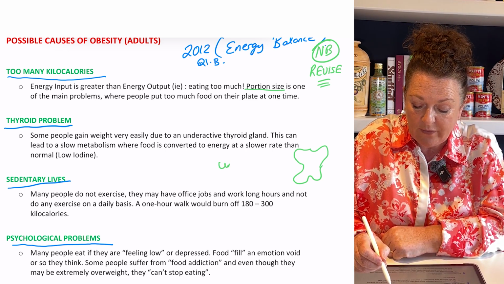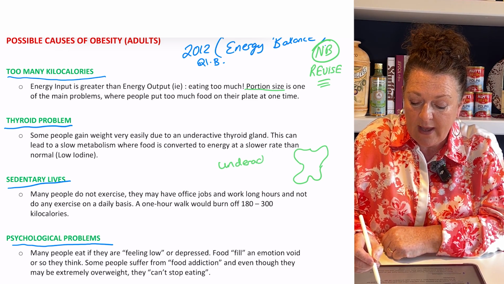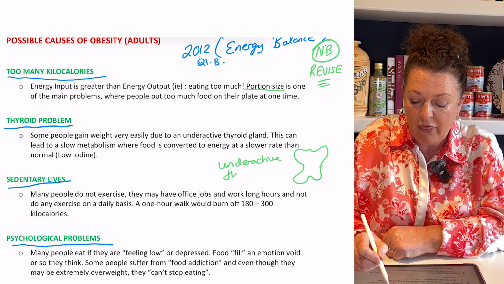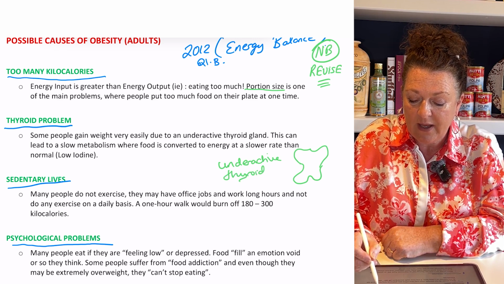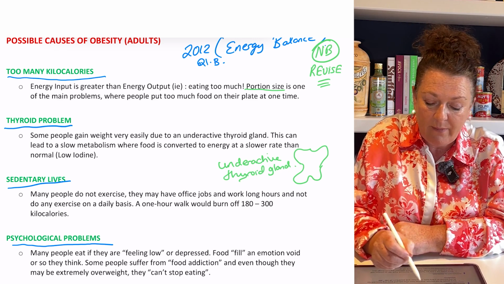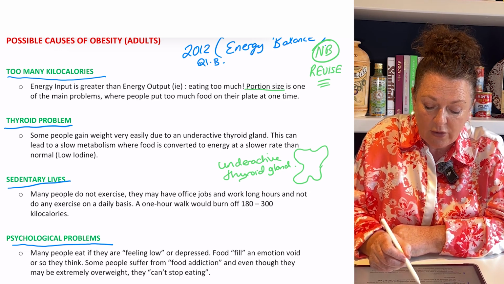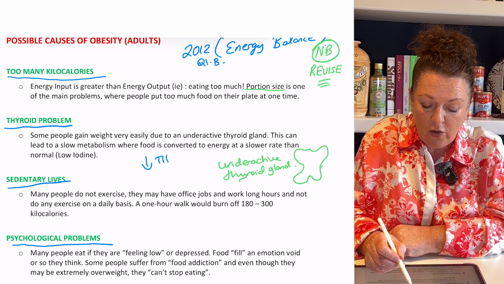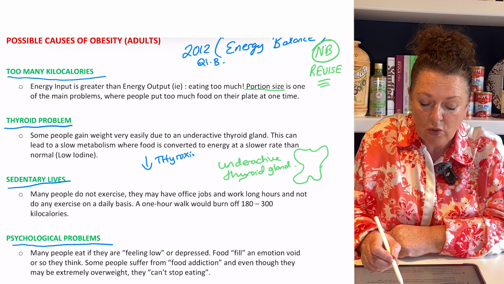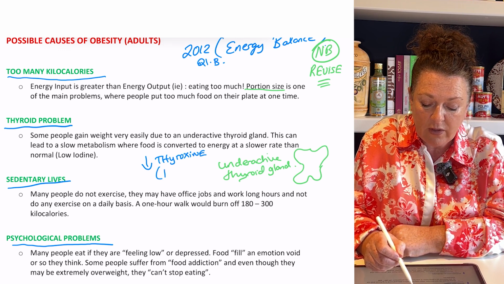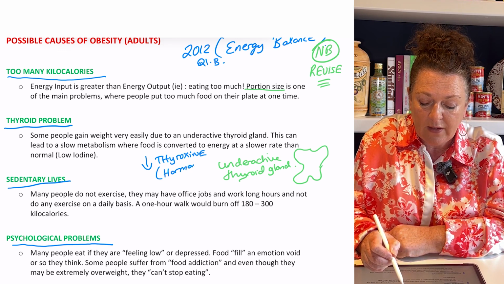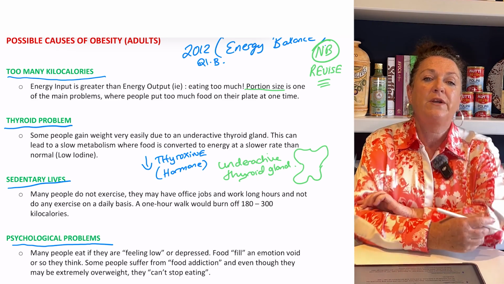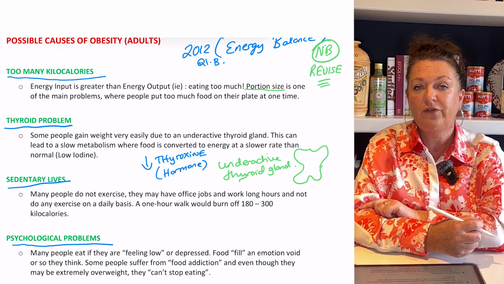So I'm just going to write there: an underactive thyroid gland in the neck. Possibly the thyroid gland is producing too little of a hormone called thyroxine. Now, there is medication on the market today for people with an underactive thyroid.